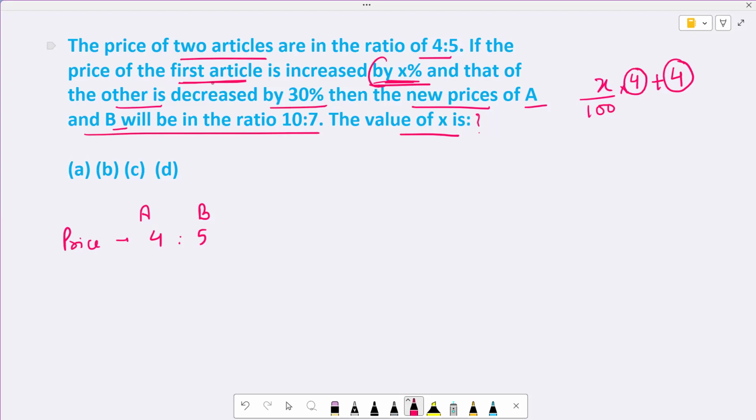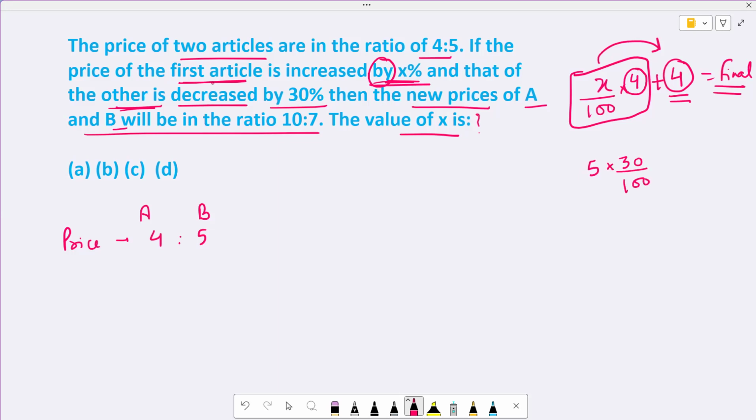Increased by X% means that X% of its original price we add to the original price to get the final price. This is the main point that we need to understand here. And that of the other is decreased by 30%. So if the price of the second article is 5, we will find 30% of 5, and then subtract it from 5, the original price.